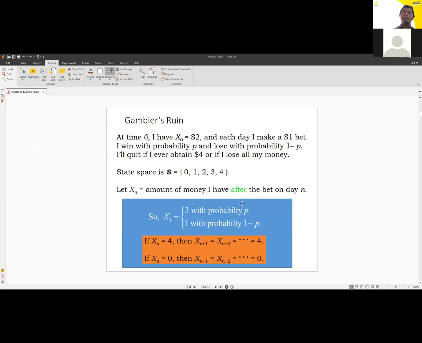Okay. This is the gambler's ruin. What is the gambler's ruin here? Let's take a look. At time 0, I have x0 being $2, and each day I make a $1 bet.